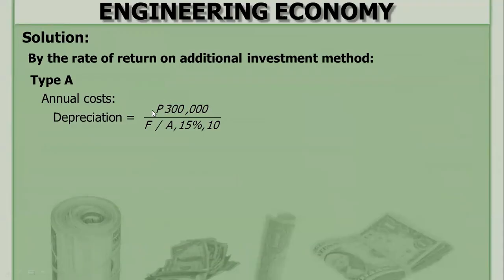Depreciation in sinking fund is first cost minus salvage value over F given A, i%, N. Now this factor is 1 plus i raised to N minus 1 all over i, and then the i is transferred to the numerator. So, depreciation is 14,775.62.